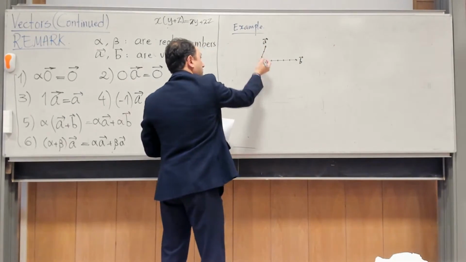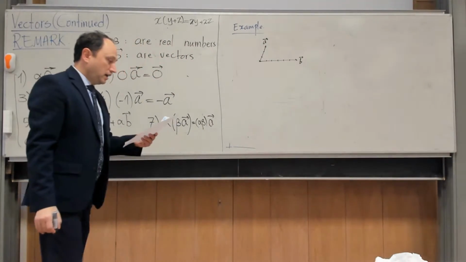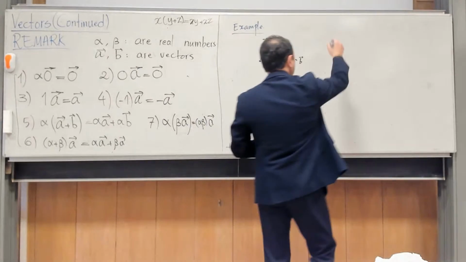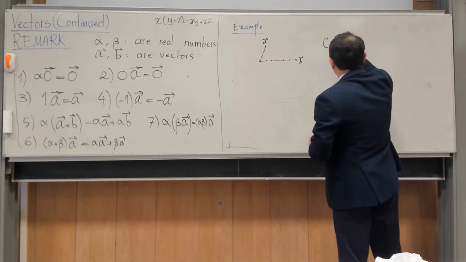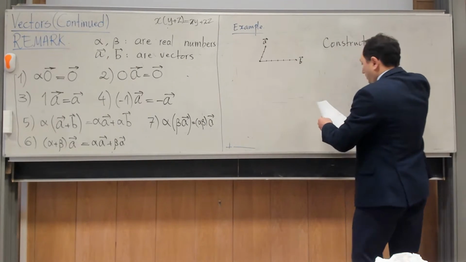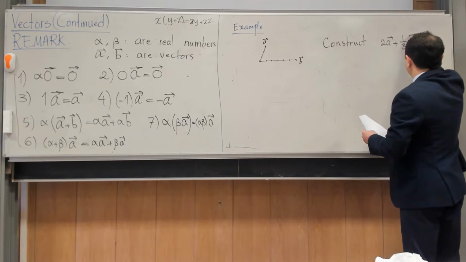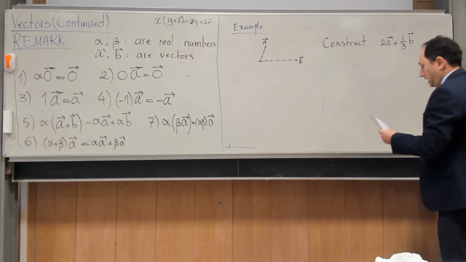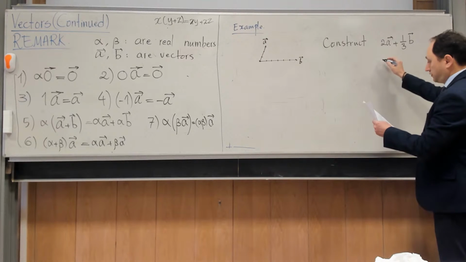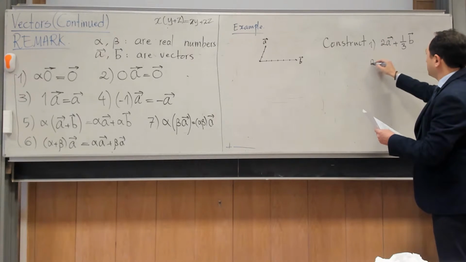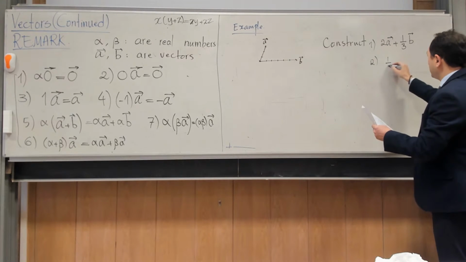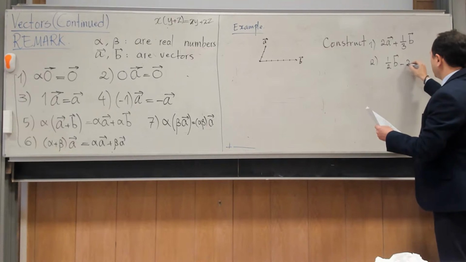I have given you 2 vectors like this, and I ask you to construct this vector, and I ask you to construct this vector. So this is number 1, number 2: 1 over 2b minus 2a.